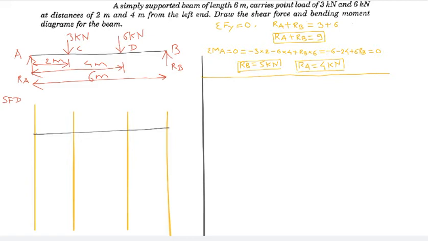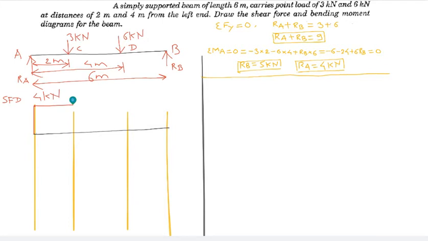So your shear force diagram will move in an upward direction, just like this, with magnitude equal to 4 kilonewton, which is equal to the reaction that is acting at point A. Then from A to C, no intermediate force is acting, so your shear force diagram will remain horizontal.